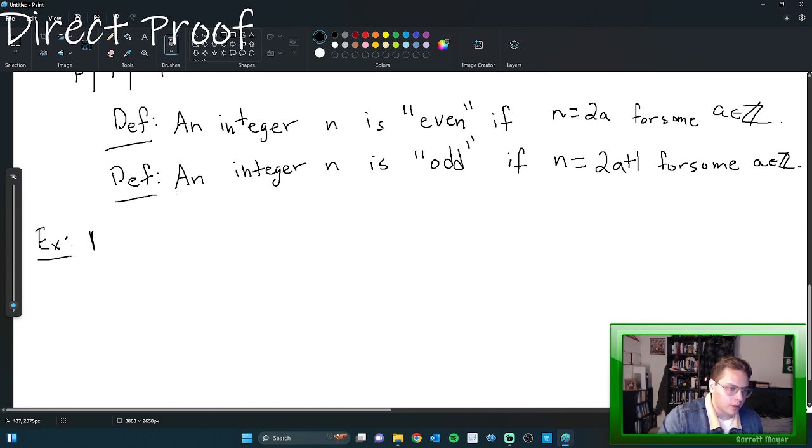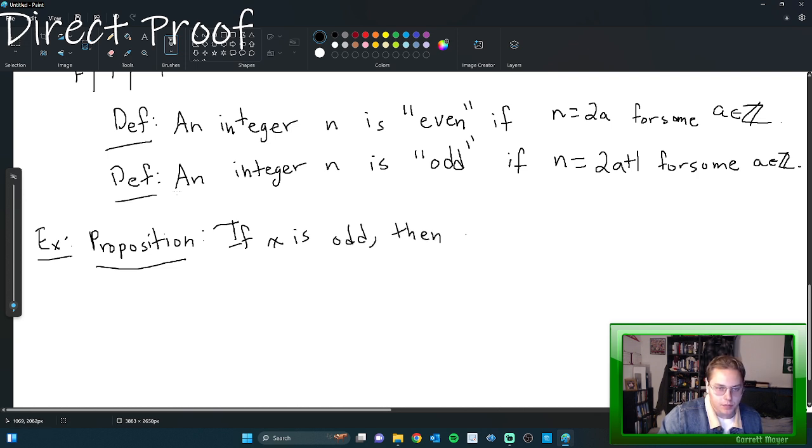So here, what we want to do is prove the proposition: if x is odd, then x squared is odd.